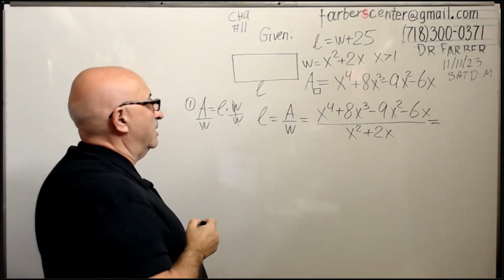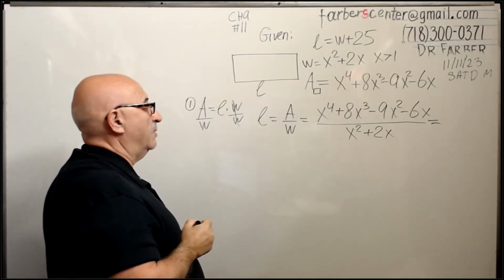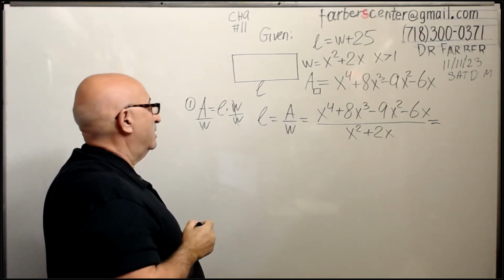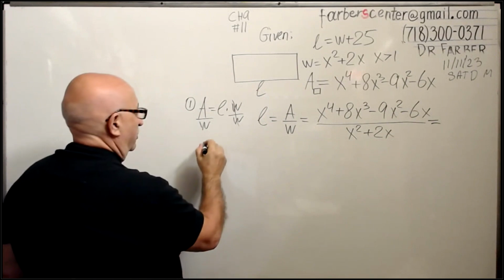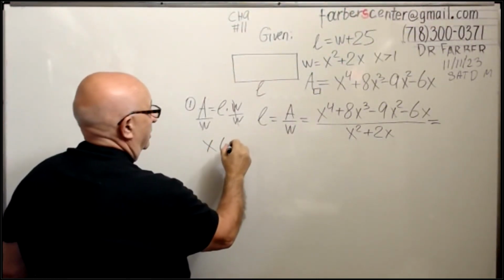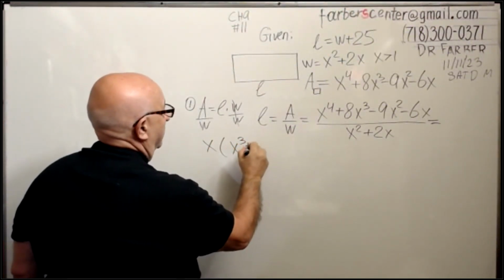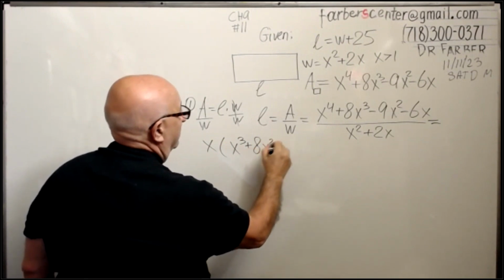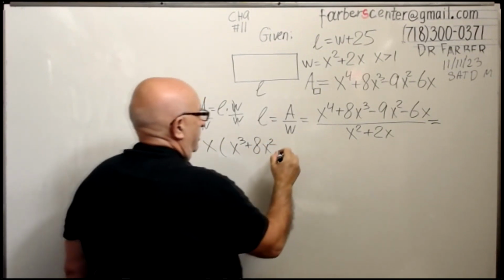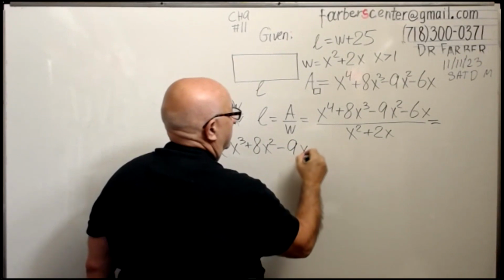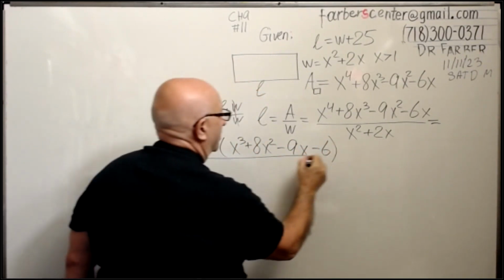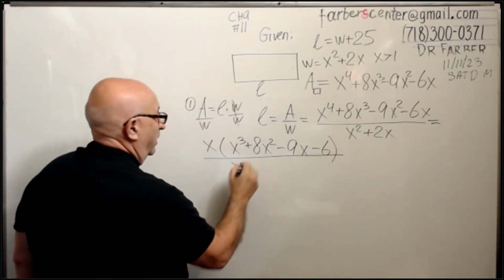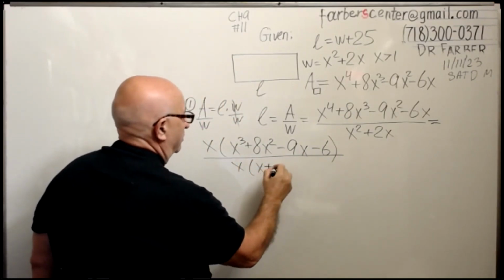If you see this, you can factorize. Put x outside the parentheses. You have x to the third plus 8x to the second plus 9x minus 6, divided by x times x plus 2.